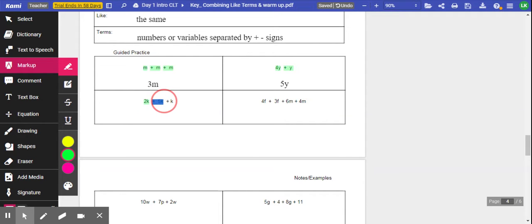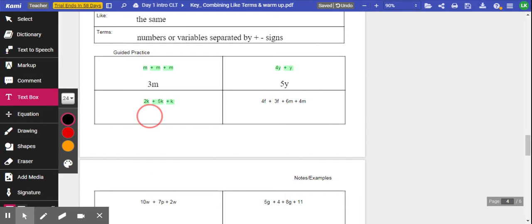Remember, the plus goes with this term here. It's always the sign that's in front of it. So I have 3 terms here that I can combine because they're all Ks. 2K plus 5K plus 1K. Well, 5 and 2 make 7, plus 1 more is 8. So this is going to be 8K.